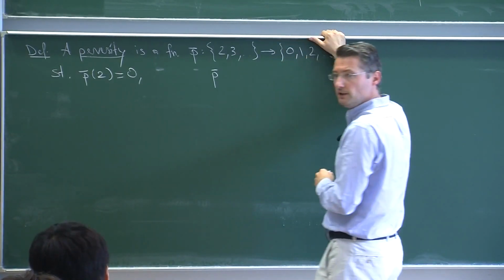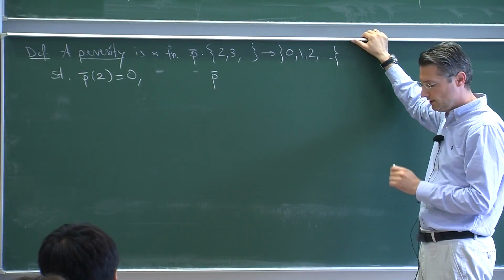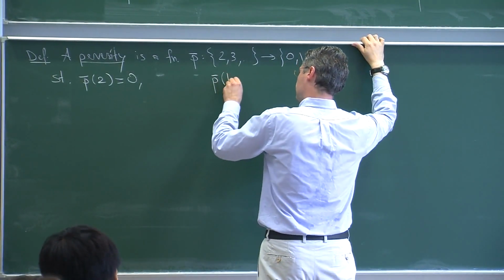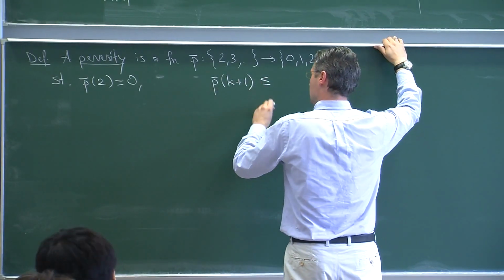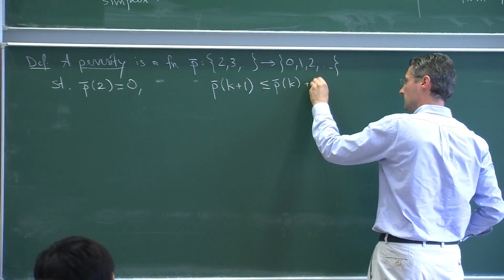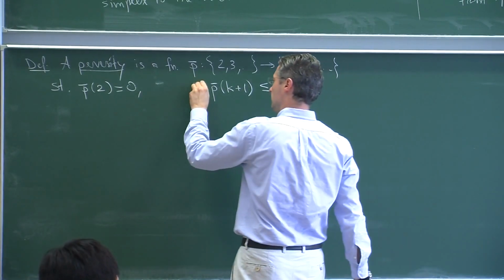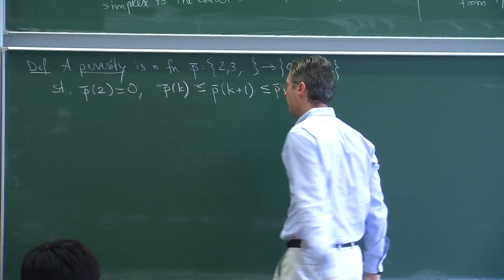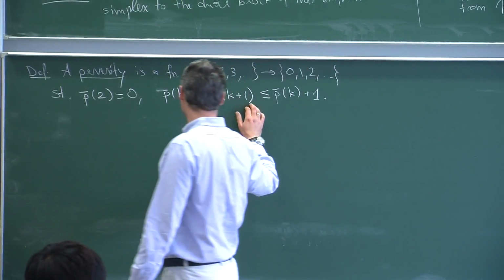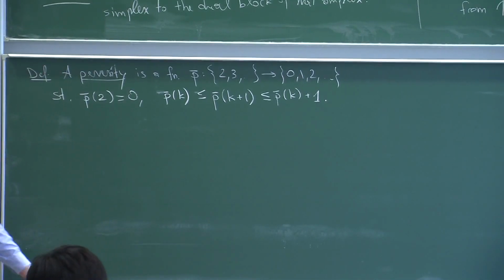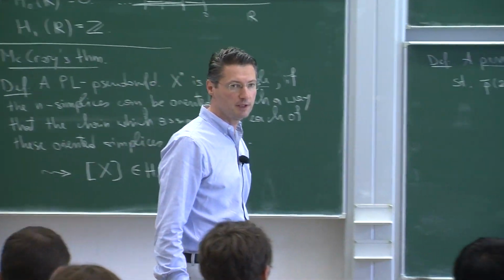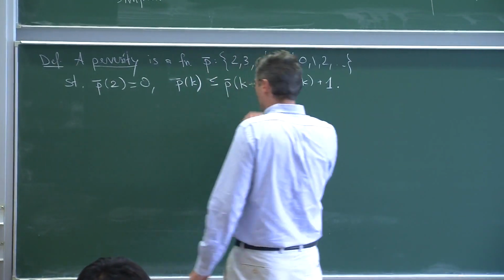It cannot decrease. It must always grow at each step or stay the same, but if it grows, it can grow at most by 1. So in other words, p(k+1) is less than or equal to p(k) plus 1. So it increases at most by 1, but it never decreases. Okay, so such a function is called a perversity. Now these conditions are not entirely clear at this moment, but they are responsible ultimately for making this a topological invariant and independent of the stratification. That's why one adopts these.